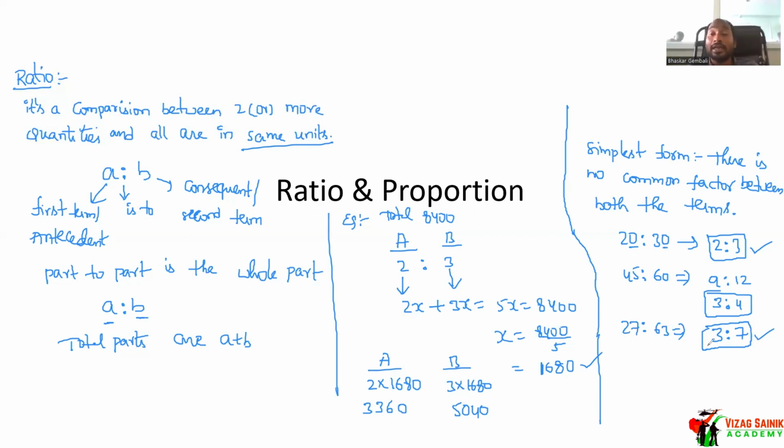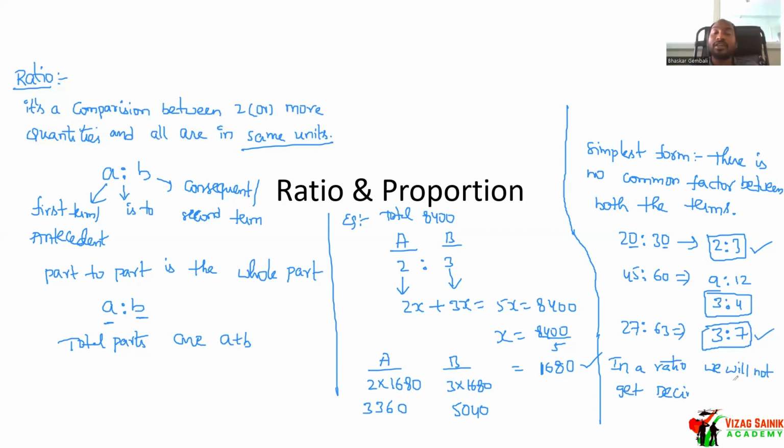And remember, in a ratio, we will not get decimals. అంటే ఎక్కడైనా డెసిమల్స్ ఇస్తే దాన్ని ఏం చేయాలి? మళ్ళీ నెంబర్స్ లో మార్చుకోవాలి, like whole numbers లో మార్చుకోవాలి. అర్థమైందా?